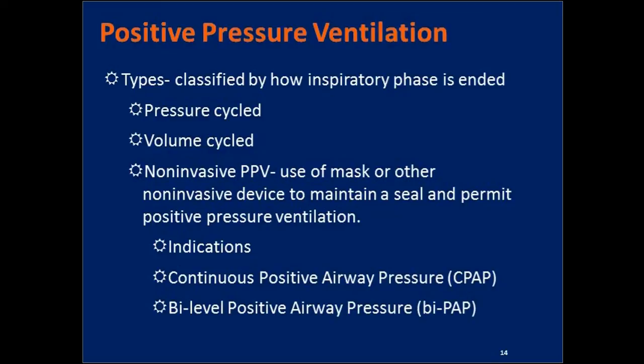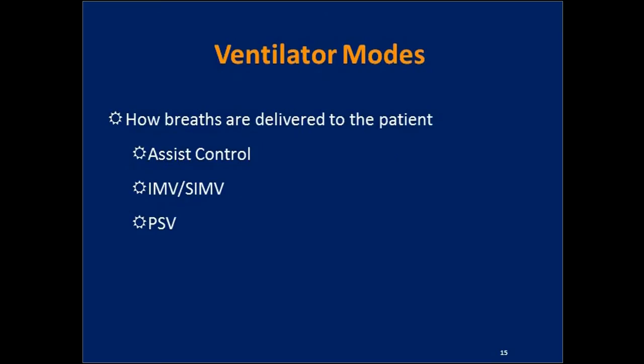And remember, non-rebreather and face tent are those high flow, almost 100% oxygen. From non-rebreather, then we would move to BiPAP. And then if BiPAP doesn't work, then we are going to move to intubation. So that's kind of the pecking order or the progression on that continuum of oxygenation.